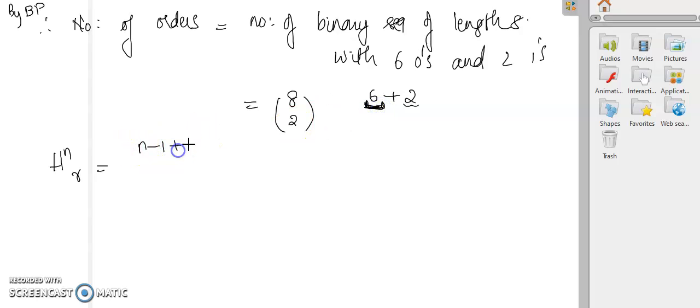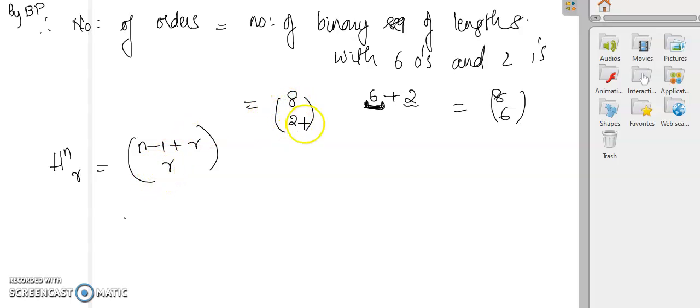So this will be n minus 1 plus R choose R. 8C2 is again equal to 8C6, and C6 is again R. So therefore H and R is equal to n minus 1 plus R C R. So this is the number of transitions plus the number of elements you have to choose.